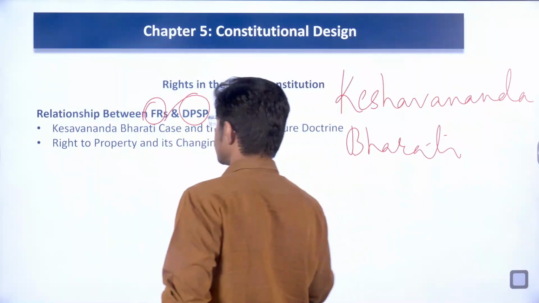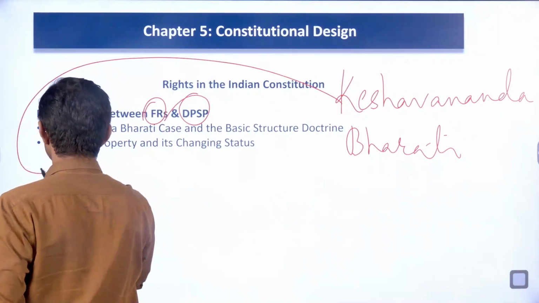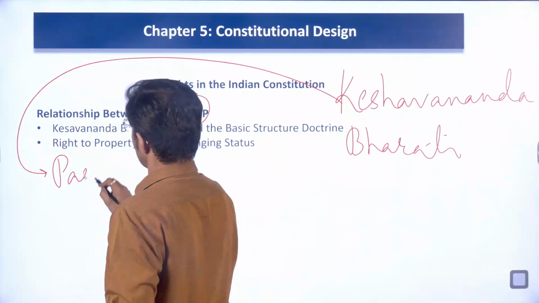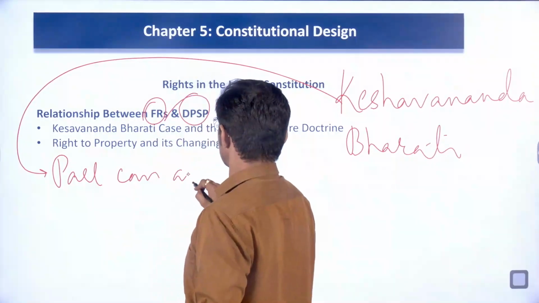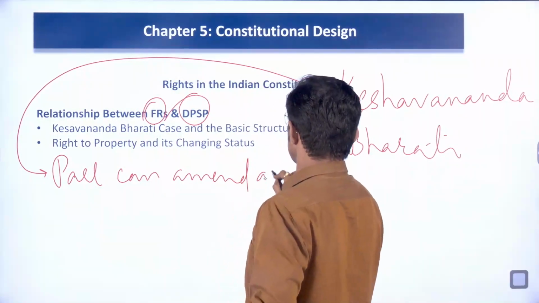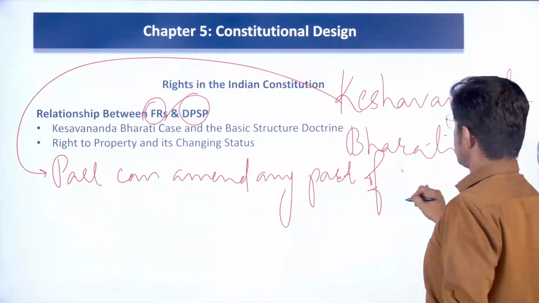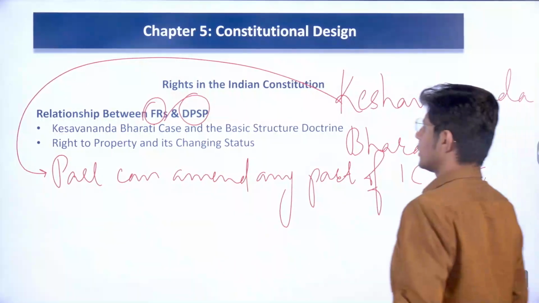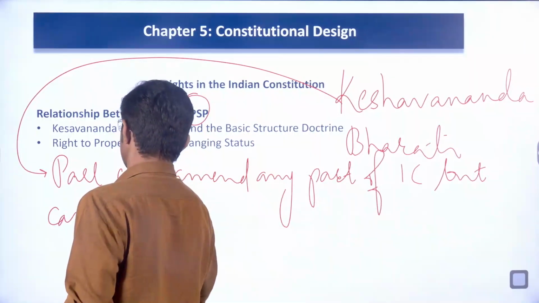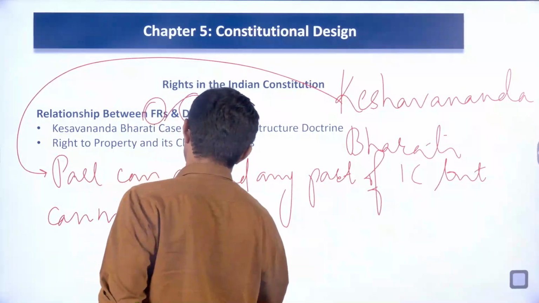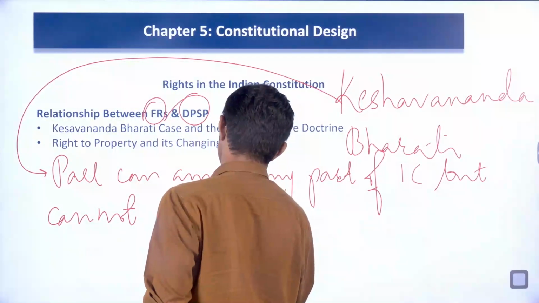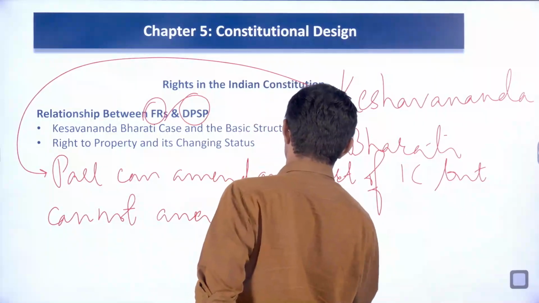What did the Supreme Court say in the Kesavananda Bharati judgment? Parliament can amend any part of the Indian Constitution but cannot amend the basic structure.